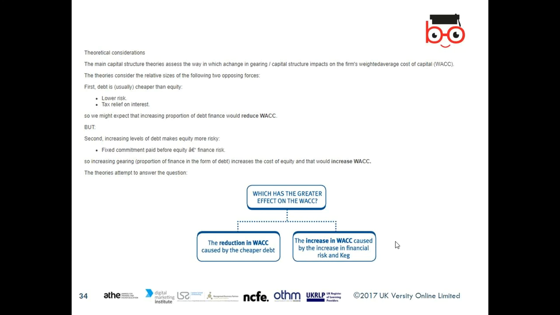It means you are reducing your profit, so you are saving on tax. The second: increasing the level of debt makes equity more risky. So of course, equity becomes more risky, because fixed commitments are paid before the equity.